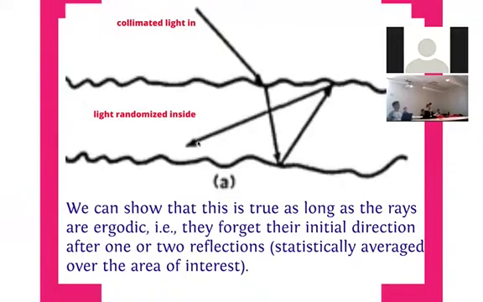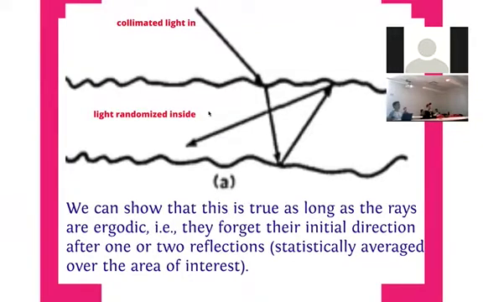So after a few of these reflections, the direction of this ray becomes indeterministic. In other words, it doesn't matter how you come in. After enough bounces, the ray will be completely random inside the medium, so the light will be completely randomized. This is the whole idea of ergodic behavior.